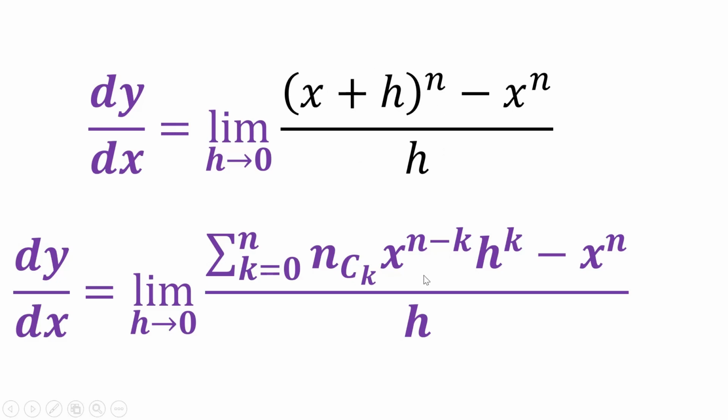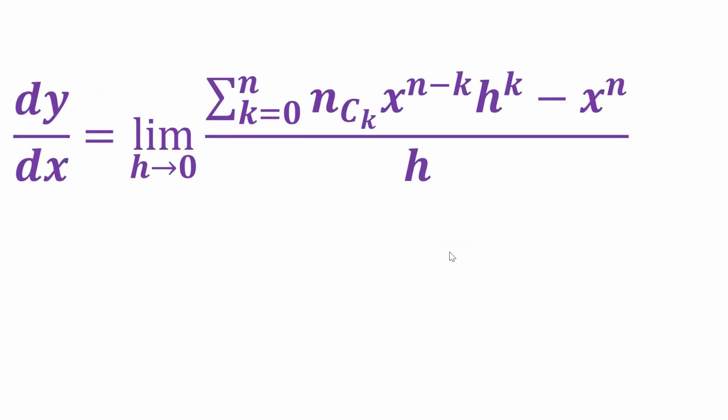Now let's do something first. Let's pick out the first term where k is equal to 0 and maintain the others. So we have this. We are going to pick out the first term where k equals 0 whilst maintaining the others. This is to say that wherever we see k, we put 0 there.